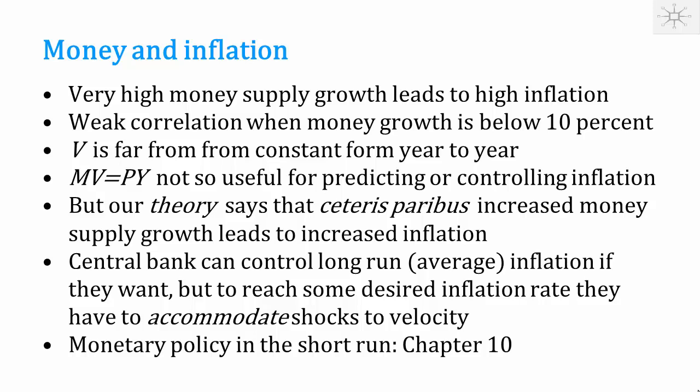But since velocity is not constant, this means that if the central bank wants to achieve some particular rate of inflation, they have to accommodate shocks to velocity. So basically, if velocity of money goes up, then the central bank has to contract the money supply so as to achieve some desired rate of inflation.